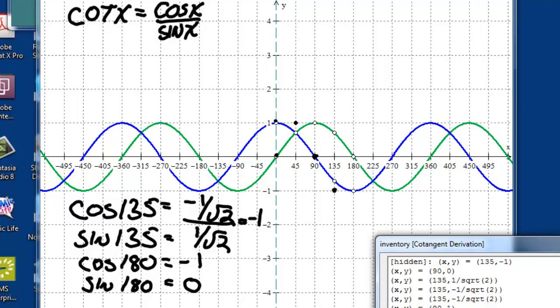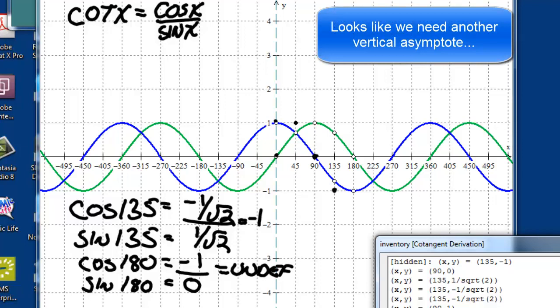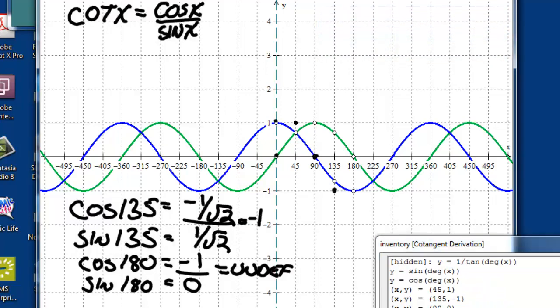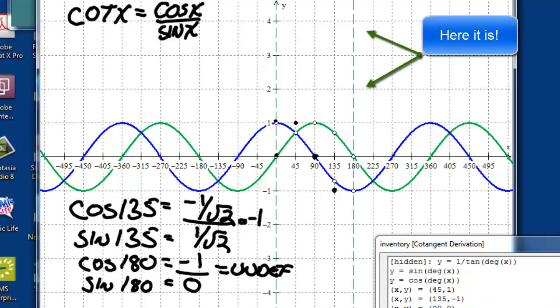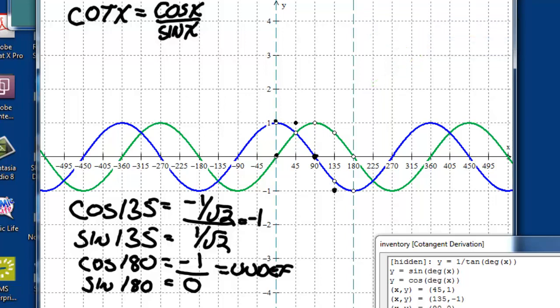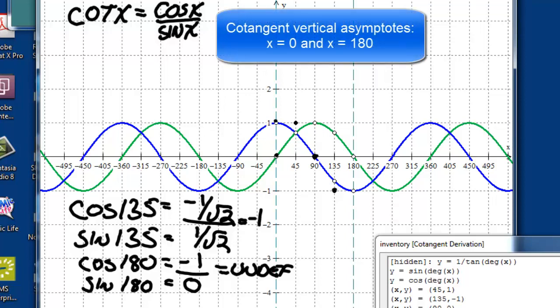So when I try to create that ratio, negative 1 divided by 0, I get undefined again, which gives me another asymptote there at 180 degrees. So let's put that asymptote in. So now I have asymptotes at 0 and 180 degrees as opposed to the asymptotes at negative 90 and 90 for the tangent graph.